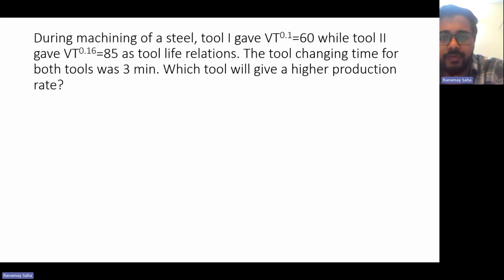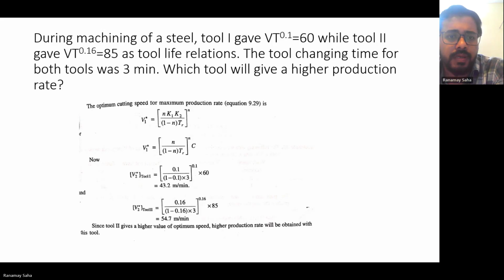Alright, now if you have tried out this problem, see the solution. The tool life equation was provided for two different kinds of tools.